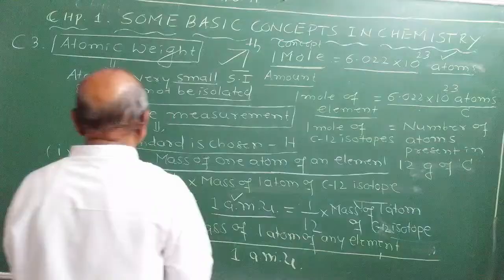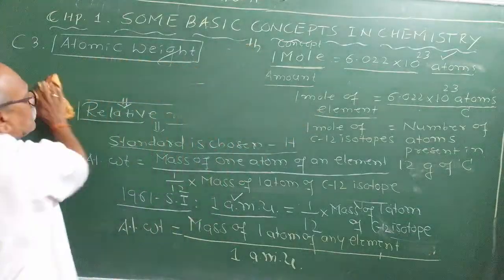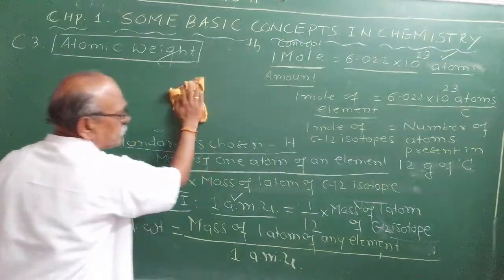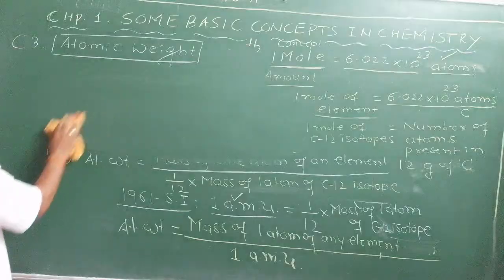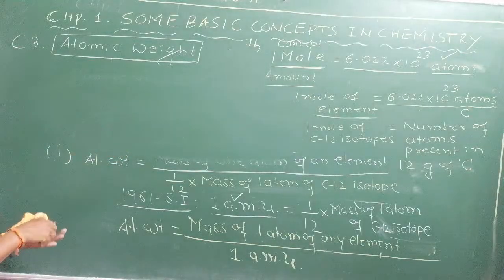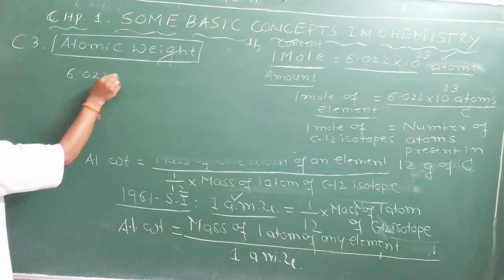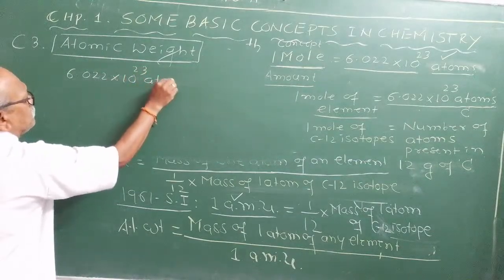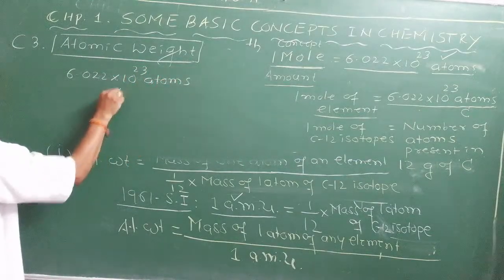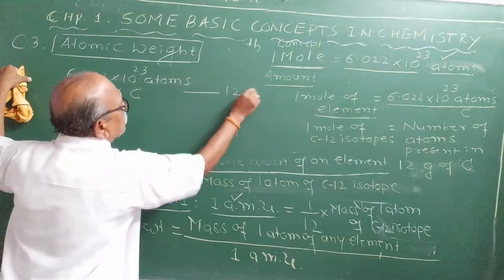Can you calculate using simple mathematics? Let me rub this part. We are going to calculate the mass of 1 atom of carbon-12 isotope. 6.022 into 10 raised to 23 atoms of carbon will have a mass of 12 grams.